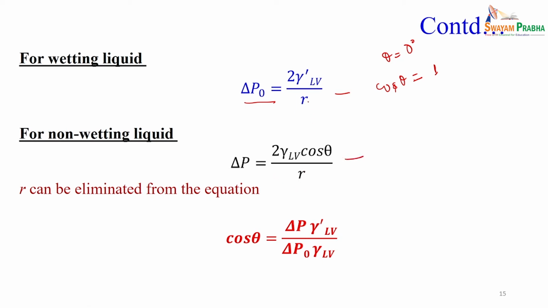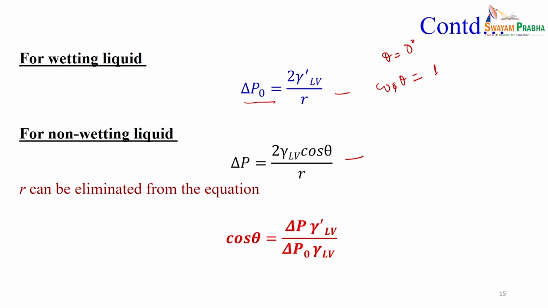Because we have the same column, R can be eliminated using these two equations. We end up with cos theta is equal to delta P into the surface tension of the wetting liquid, divided by delta P naught into the surface tension of the non-wetting liquid.